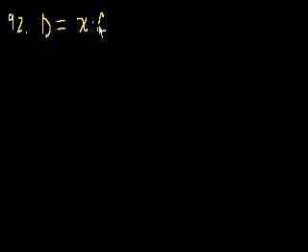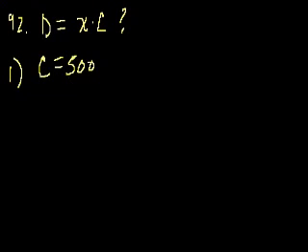And this is what we need to figure out, the expected donations. Statement 1 says a total of 500 cars were expected to be sold. So essentially C is equal to 500. We still can't figure out what the donation is because we don't know how many dollars we're getting for each car. So that is not enough information by itself.